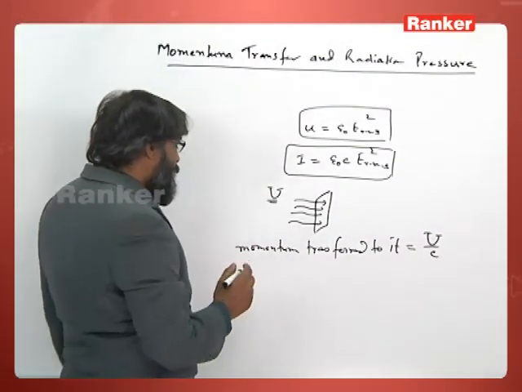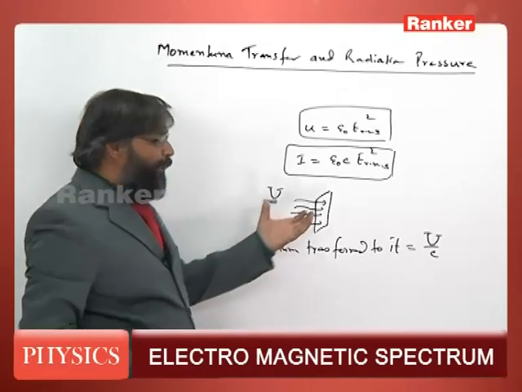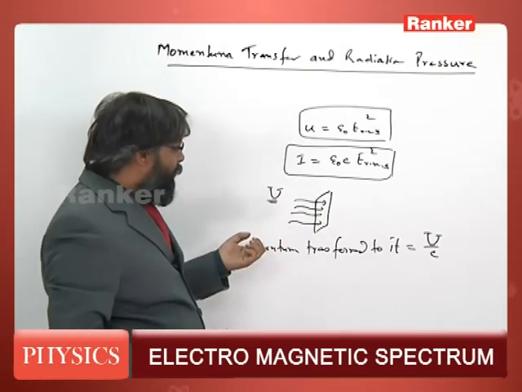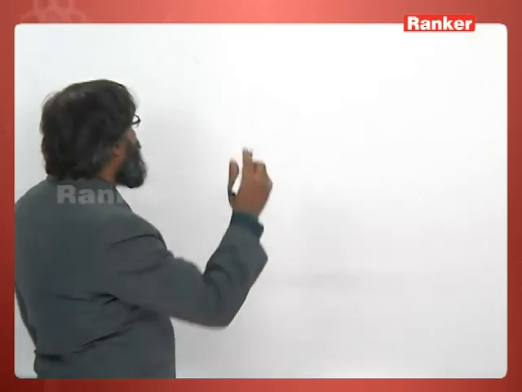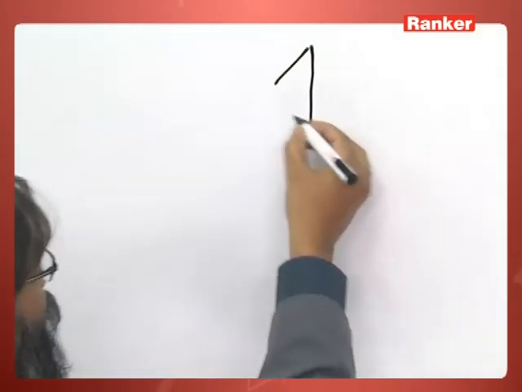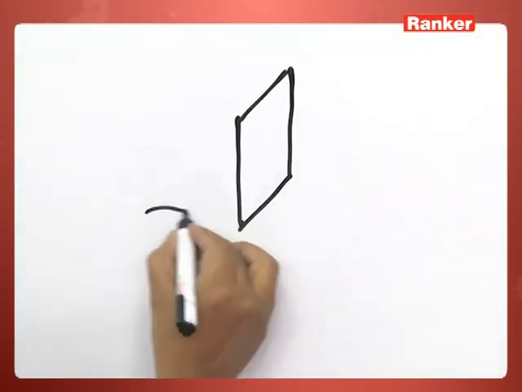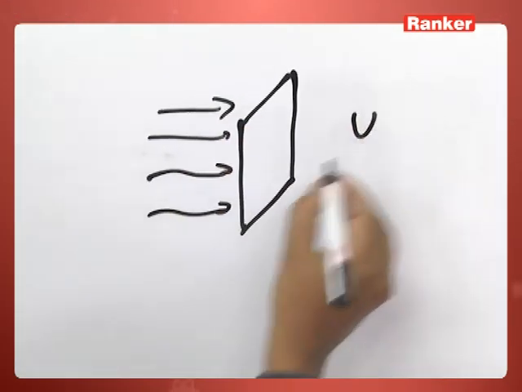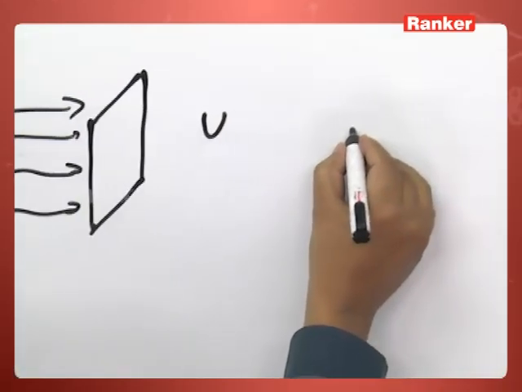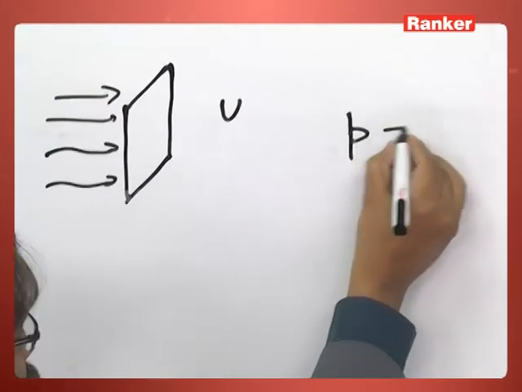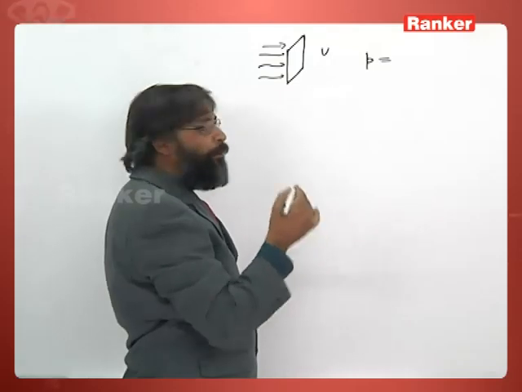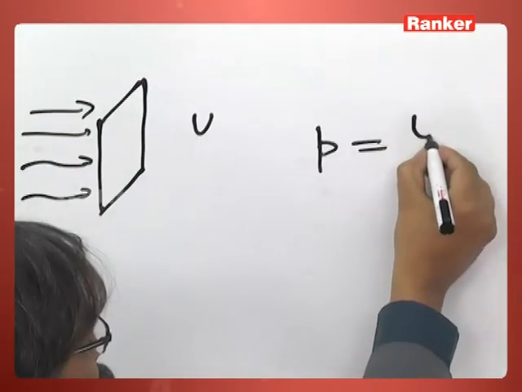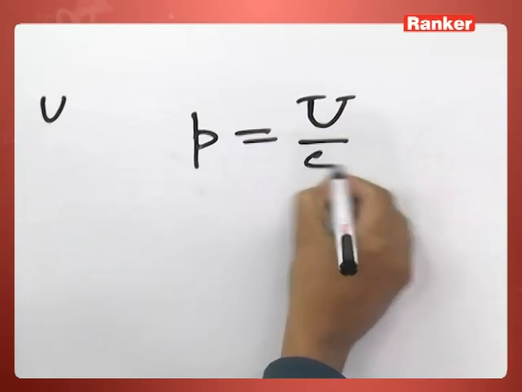Now, let us see the rate of transfer of momentum to a surface, which contributes the force. So, if a surface absorbs some energy u, then the momentum transferred, let the letter we select for momentum transferred be small p, becomes u by c.